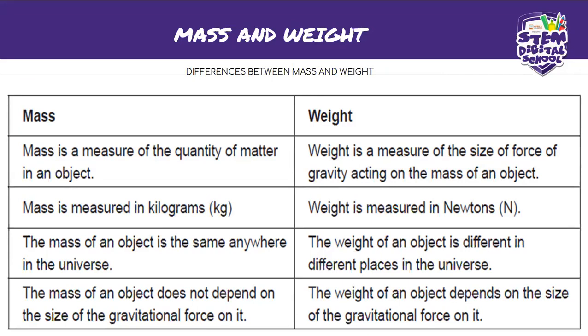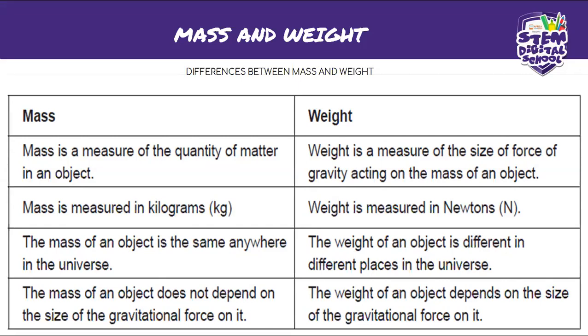One way of differentiating is to give the definitions. Two, you can use their SI units of measurement. Three, you can look at whether they are constant or not, and the magnitude or size.